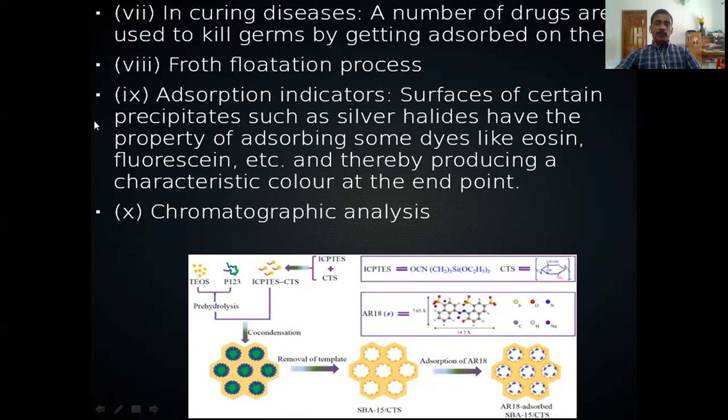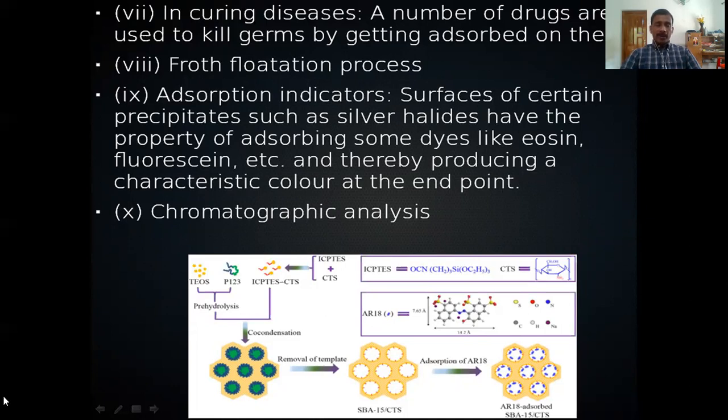Next, froth flotation. What is froth flotation? That is a method for the purification of ore. What is ore? That is a mineral which is used to extract metals commercially. That is an ore.